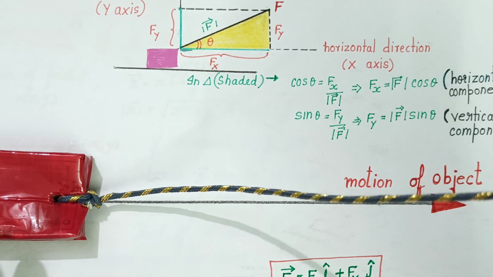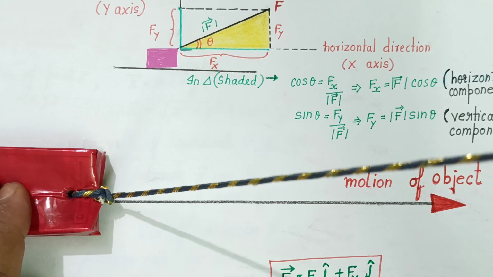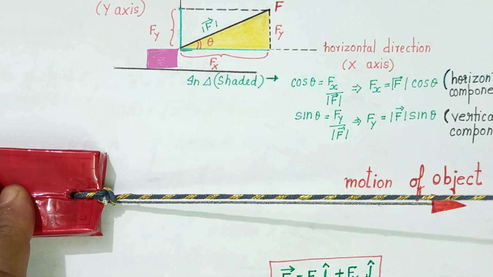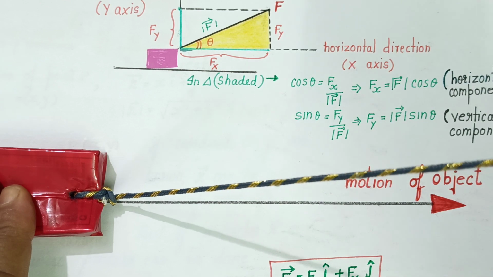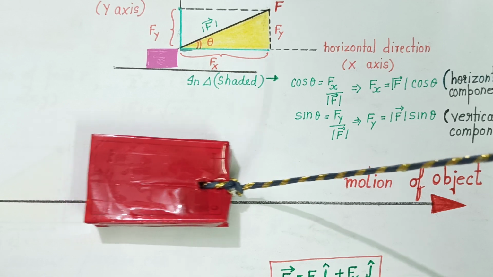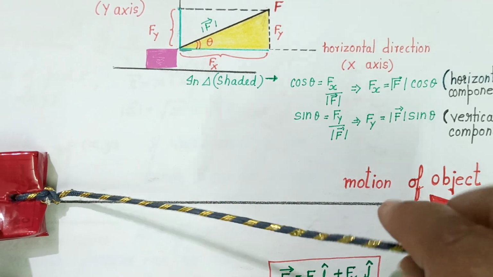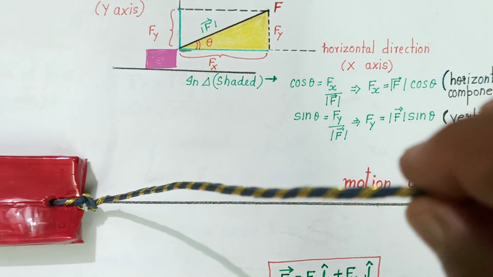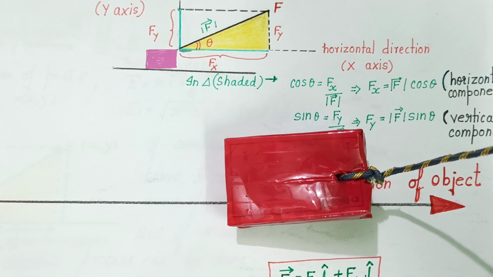And now if I increase the angle at which I am applying the force, see, this is horizontal, a small angle, and now I am increasing my angle. You can see that if I increase my angle, then I can lift this matchbox also.